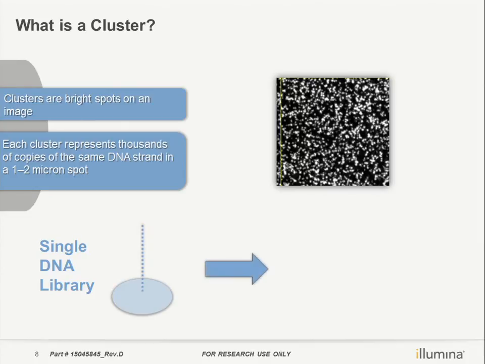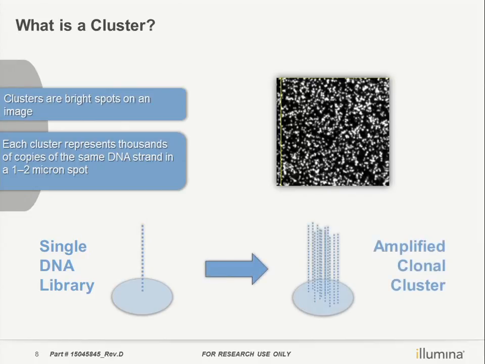What we want to do is amplify this single template into a clone so that we have enough sensitivity for the cameras to detect the signal. We amplify this to around 1 to 2 microns for each cluster. This is a picture of the clusters captured. All those white spots are actually the clusters.